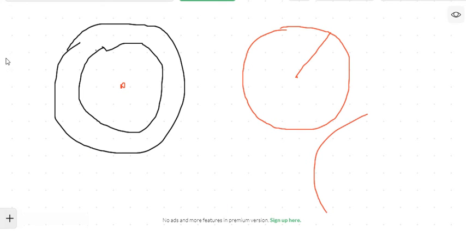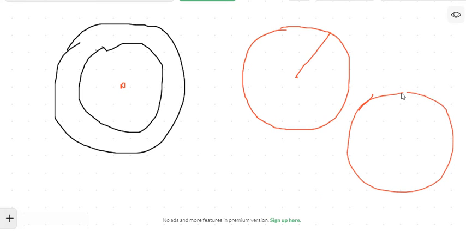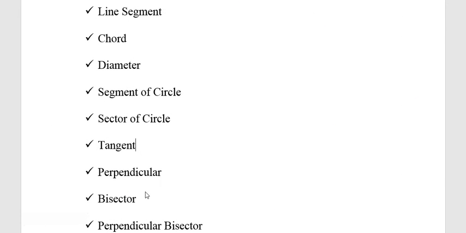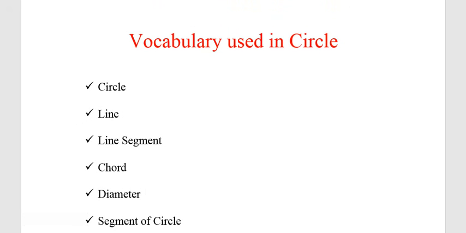Let me give one more try. This is another circle. It looks the same, congruent. So if the radius is the same, they are called congruent circles. So these were the vocabulary used in our topic, angle properties of the circle.